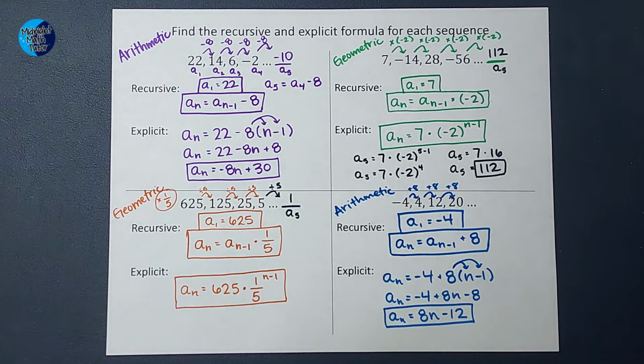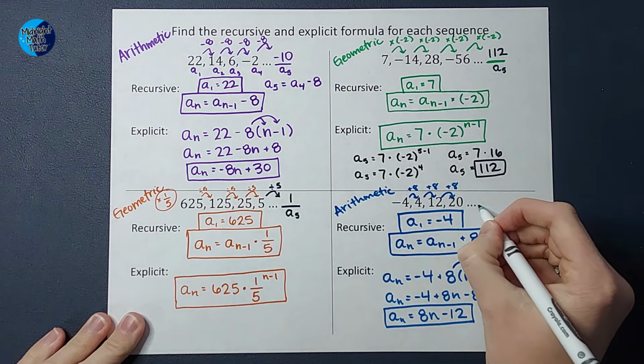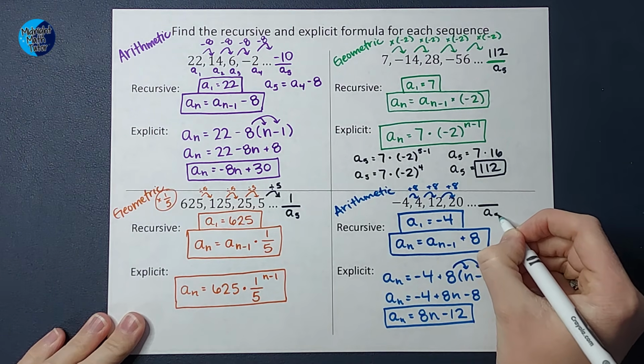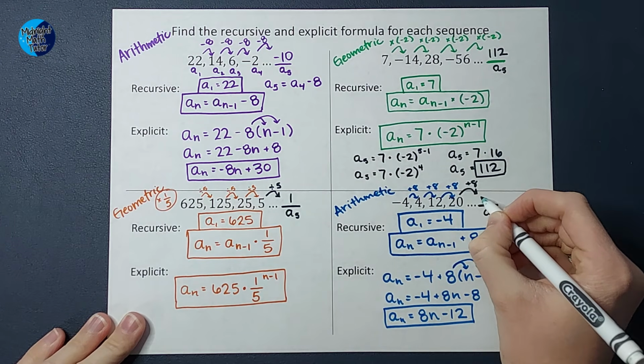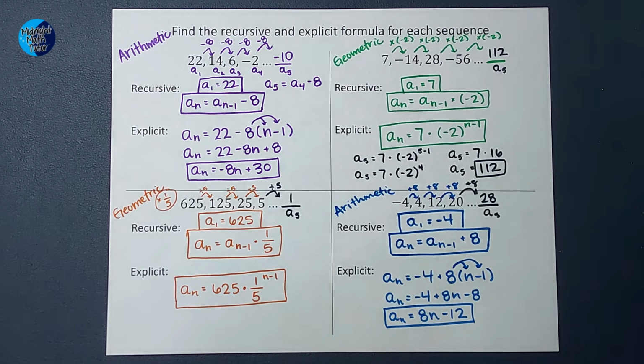Lovely. And then I know you want to, we're going to check it. Okay. So if I wanted to know what a sub 5 was, we'd add 8 again, right? And get 28. And let's make sure that that works out here.